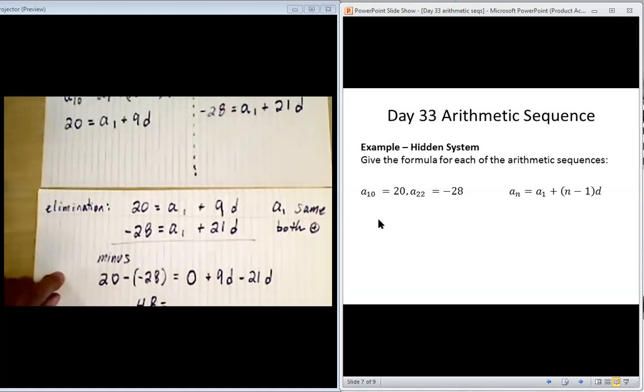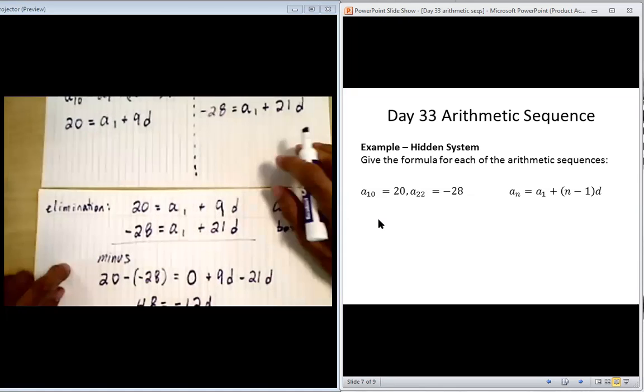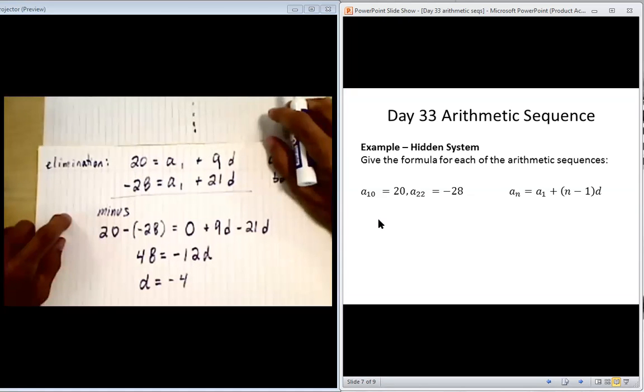So 21 minus the 9 there, that will be 12D. And because the minus is bigger, it'll be a negative value there. And to finish this up, dividing by minus 12, we then get an answer that D is going to equal minus 4 when we work that out.